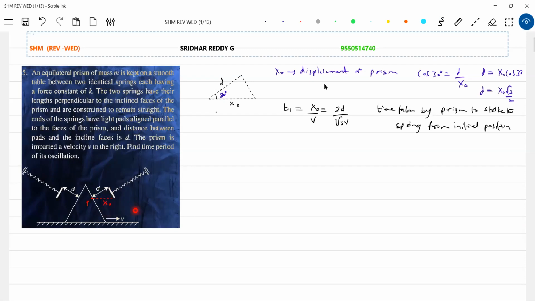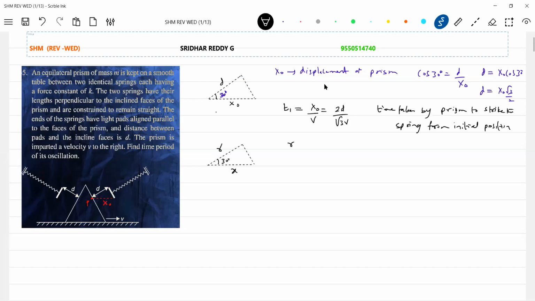As it moves horizontally, it's going to compress the spring. How much will the spring be compressed? Let me take R. What is R?